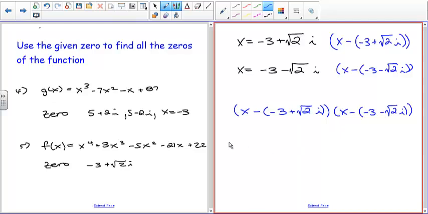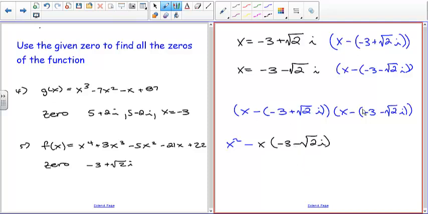So you'll get x times x, which is x squared. Then you'll have negative, on the outside, x times this whole thing. So the negative sign here is that negative sign, x is that, and then you multiply by negative 3 minus the square root of 2i.